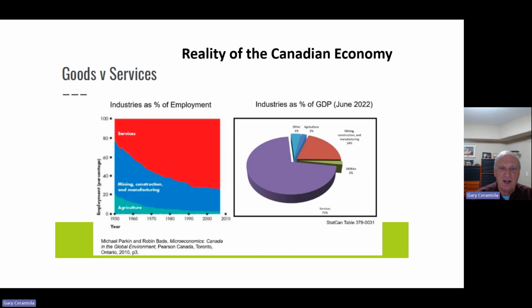Our manufacturing piece has kind of shrunk, but there's a new invigoration going on, and I'm going to talk about next generation manufacturing on a slide at the end of this presentation. There's a nonprofit called NGen that's really looking at future manufacturing using artificial intelligence, robotics and other progressive technologies, and they're getting community colleges across Canada involved.